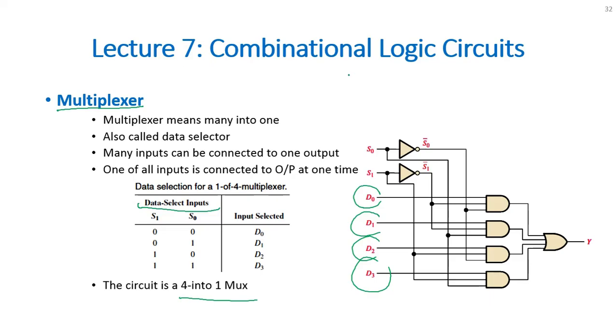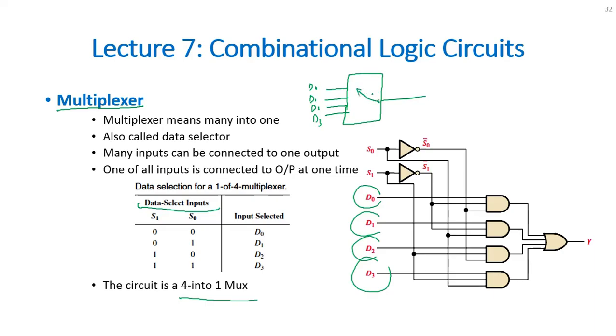To understand the operation of a multiplexer, let me draw a dialog box. For example, if you have certain inputs available such as D0, D1, these are data inputs, D2 and D3, and at a time only one input can be connected.